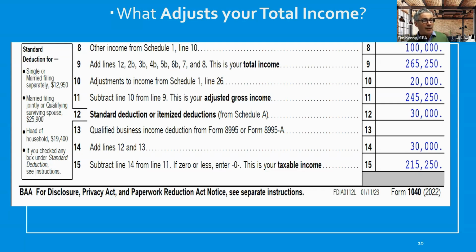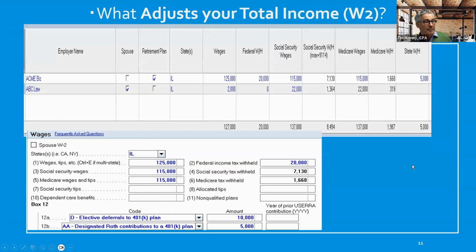They reduce your adjusted gross income and ultimately your taxable income. Depending on how much you have in itemized deductions is going to determine whether you take the standard deduction or an itemized deduction. And after those deductions, you've got your taxable income.